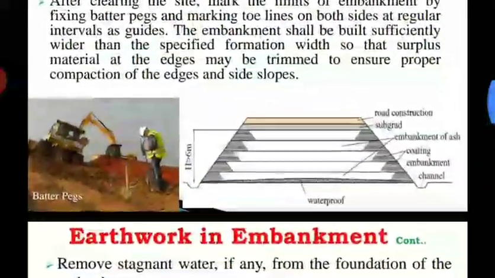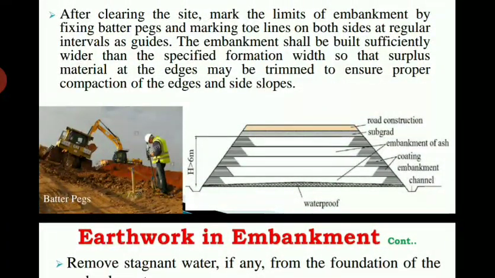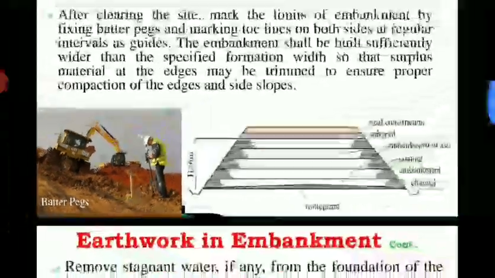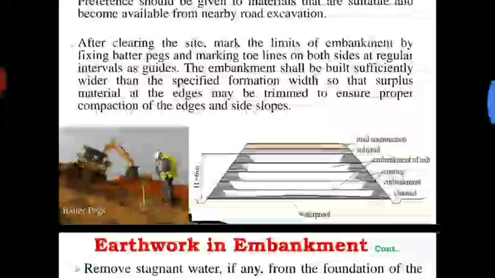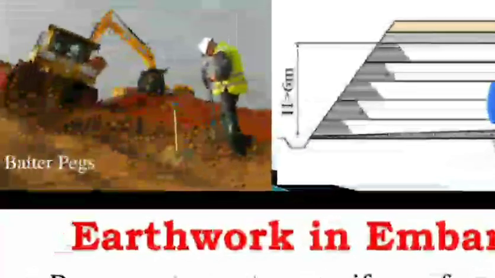And here, marking toe lines on both the sides at regular intervals as guides. By using these batter pegs, we need to give those particular details, such as the markings, on both sides of the road construction, right? And this is going to be carried out at regular intervals.